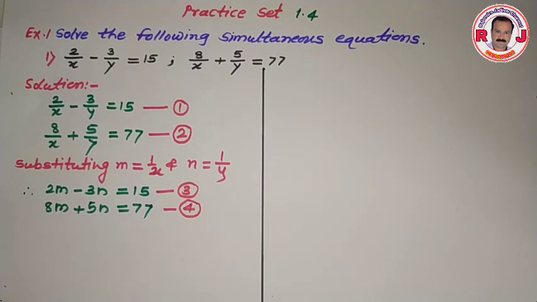Observe this. Coefficient of variable m is 8, 2 and here the coefficient of n variable 5 and 3.